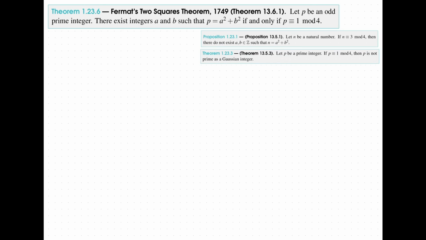So we're going to prove Fermat's sum of two squares theorem. We have already done the heavy lifting for this, and as we will see, the proof is much simpler. Let's show the forward direction. For this, we have that p is equal to a squared plus b squared if and only if p is congruent to 1 mod 4.